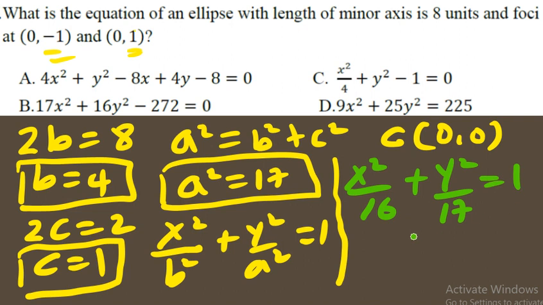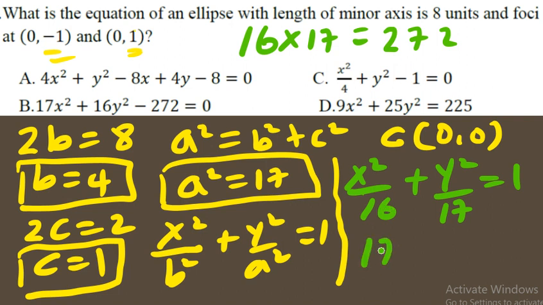Now as you see in the choices, it's not written in this form. So what is the LCM of 16 and 17? You have to multiply each by it. The LCM will be the product of the two numbers, 16 multiplied by 17, which is 272. You have to multiply each of them by that. When you multiply, the 16 cancels and 17 is left.